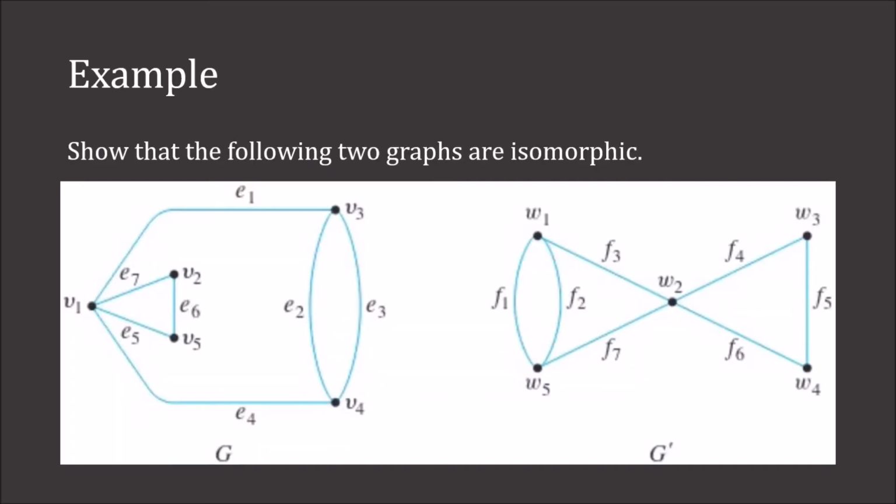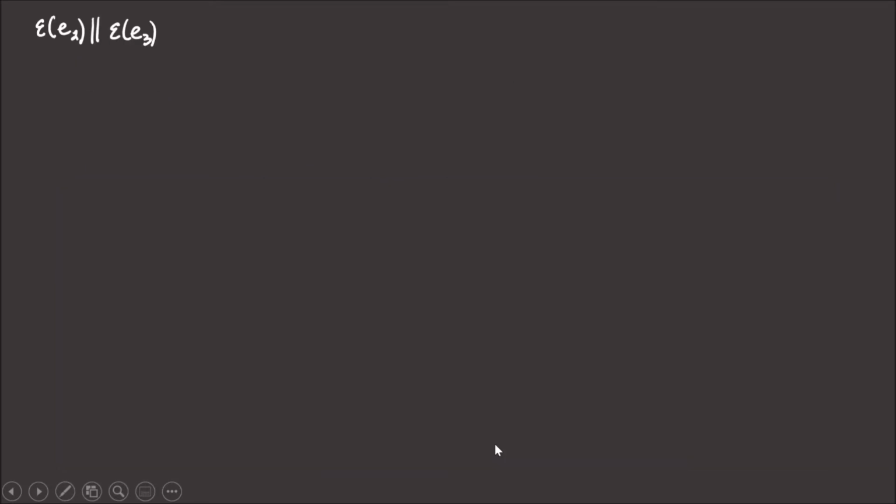Well, if we look back over here, F1 and F2 are parallel. So one of these two will have to be F1 and the other one will have to be F2. Let's say that epsilon of E2 is F1 and epsilon of E3 is F2.